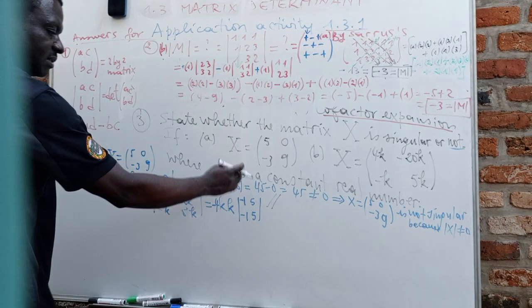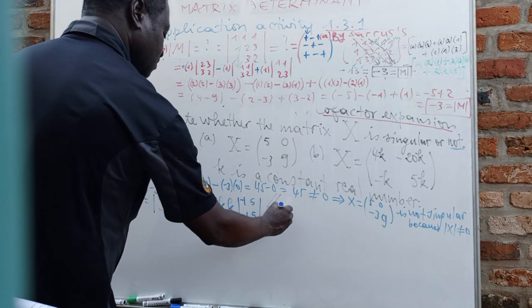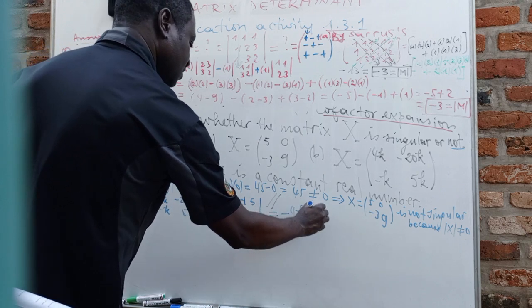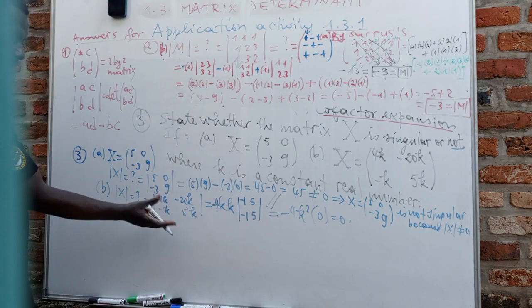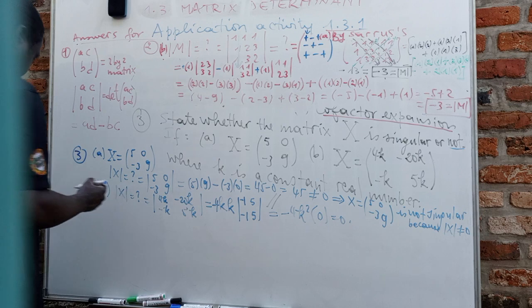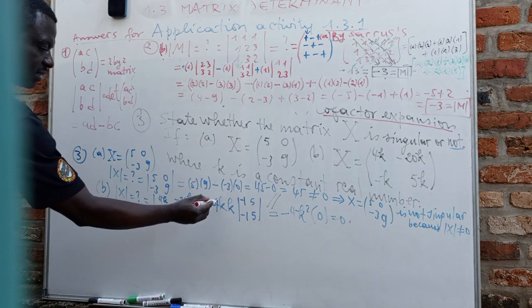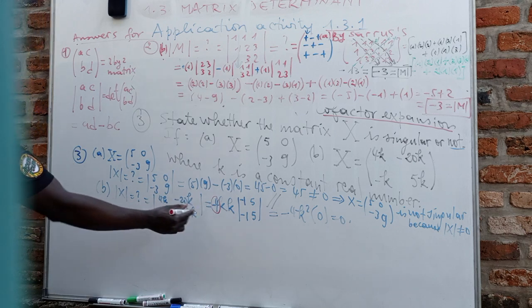So now it has two equal rows, and the determinant is going to be negative 4k squared times 0, which is 0. It could have been checked already that it is 0, because the first row is a scalar multiple of the second row.